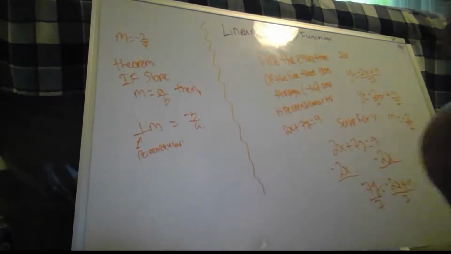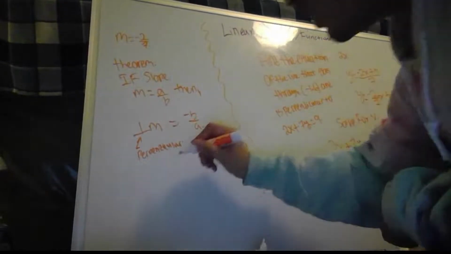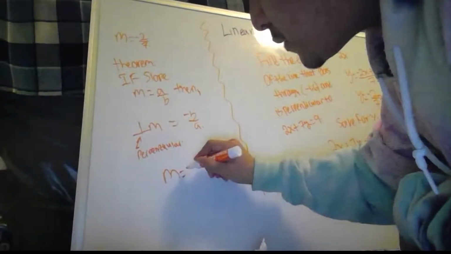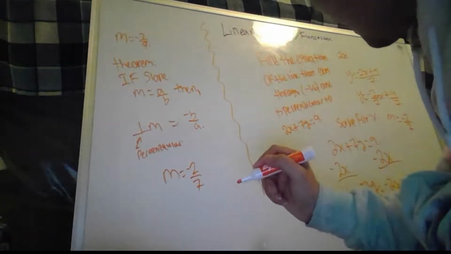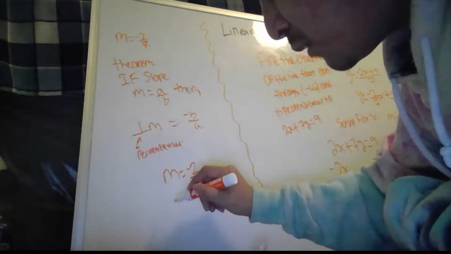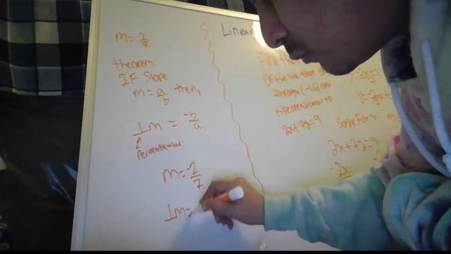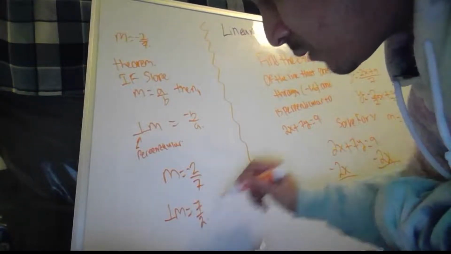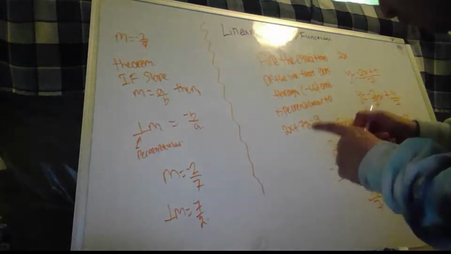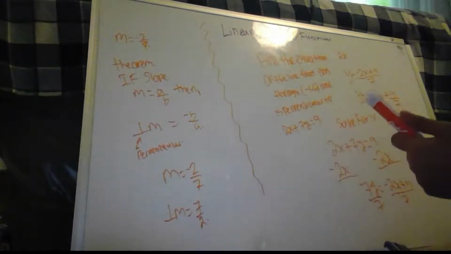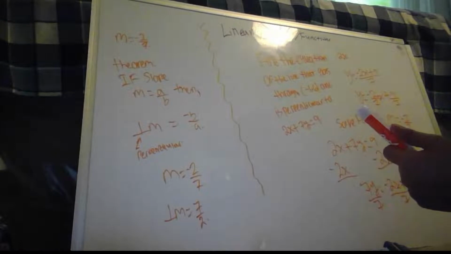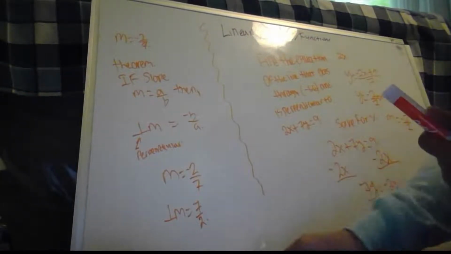So therefore, if we have m equals -2/7, then that means that the perpendicular slope will be 7/2, okay? And that's the slope that we're looking for, because obviously we want to find the equation that's perpendicular, okay? That's our goal here.